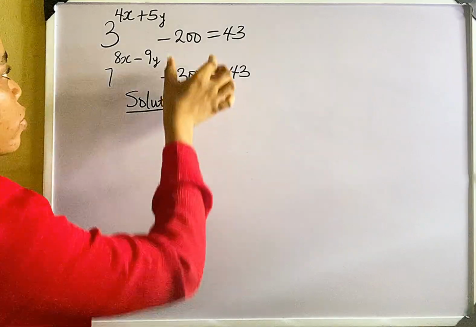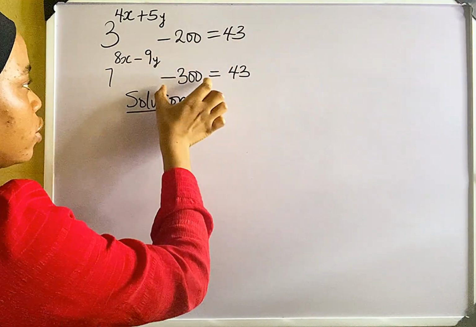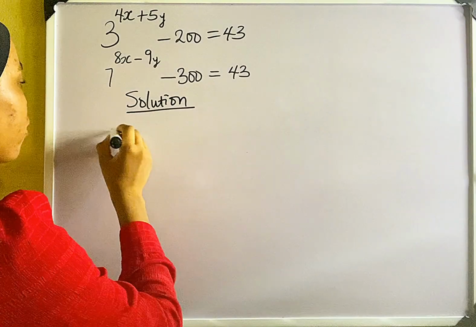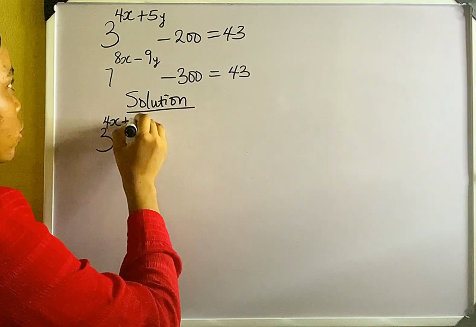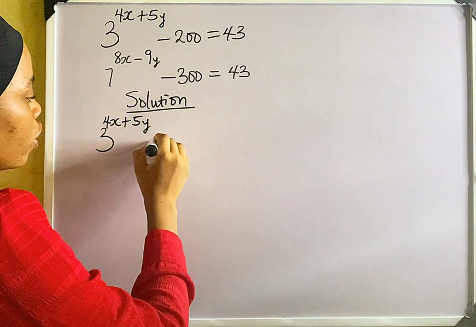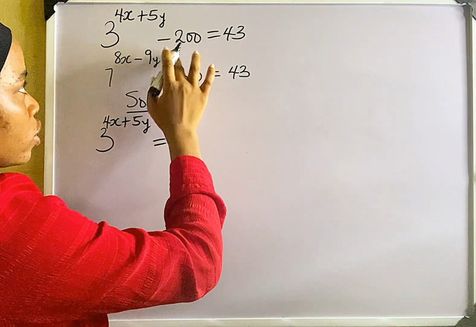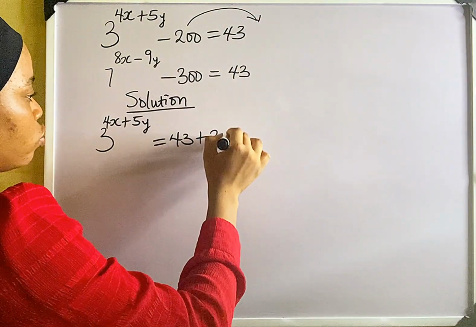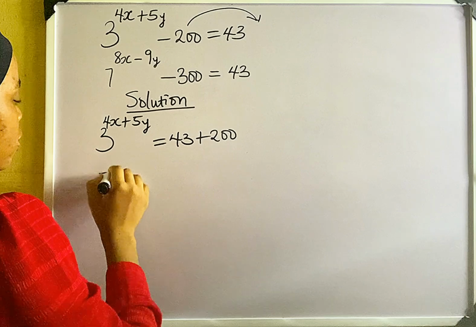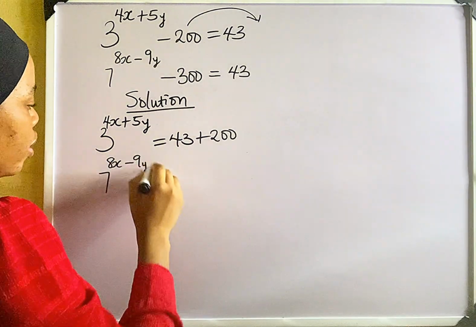Now what happens is we collect like terms, we move this to the other side, move this to the other side. So we have 3 raised to the power of 4x plus 5y equals 43. Now this is minus 200, crossing over to the other side becomes plus 200. And also we have 7 raised to the power of 8x minus 9y.